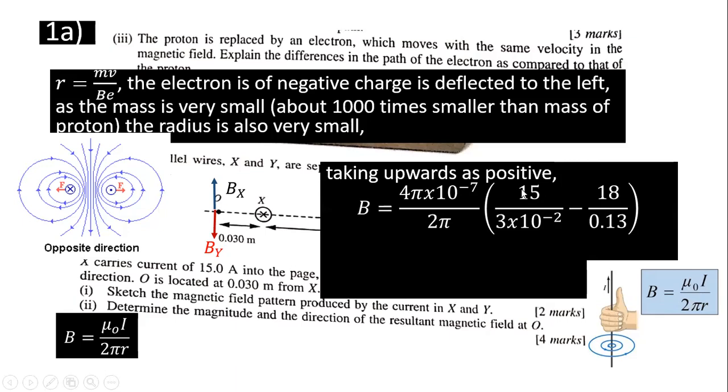For X, the current is 15 over its distance, minus, because By is in the opposite direction, 18 over the distance 0.1 plus that one. That's how I get this. Calculate using your calculator. So it's positive, which means it's going to be outwards.